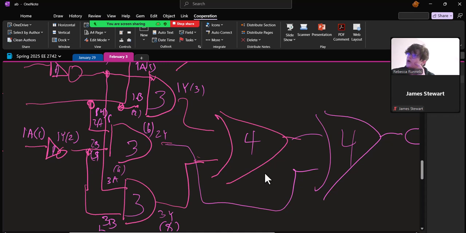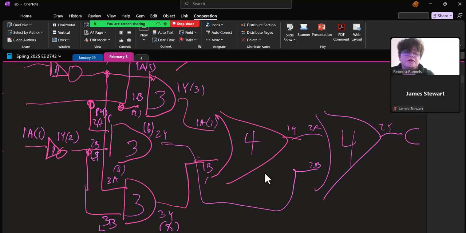Now the OR works the same way, so I know this is going to be 1A, 1B, 1Y, and this will be 2A, 2B, and 2Y, and the pins are the same, so that'll be 1, 2, 3, and 2A is 4, 2B is 5, and 2Y is 6.